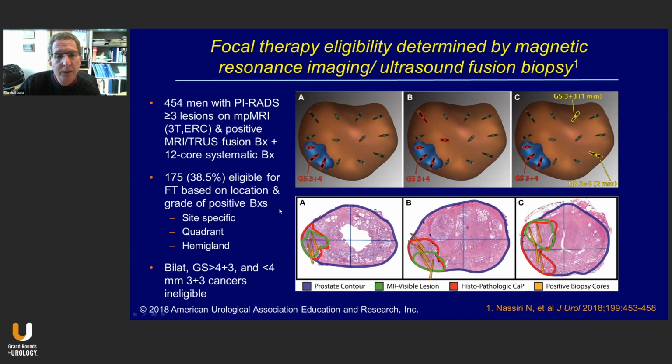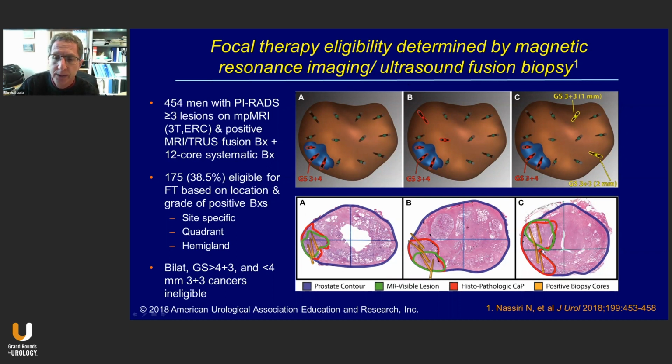Here's a figure that comes right from their paper. Although they found almost 39% eligible for targeted focal therapy based on these features up here, the location of the positive biopsy, using either a site-specific quadrant or hemigland approach, they presented these data in their figure here. And if you look here, what they've done here is fused their MR visible lesion in green with their actual pathologic whole mount lesion in red here.